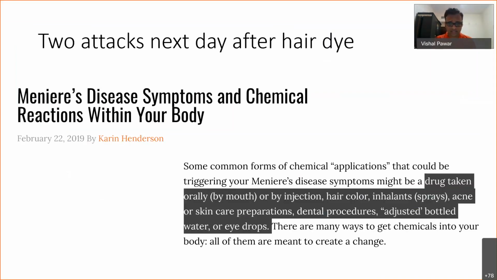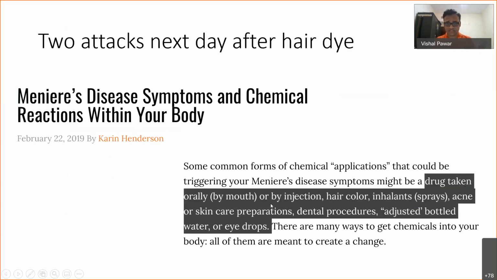So this cousin told me one interesting thing about his attacks. He told me that 2 of his attacks came the next day after hair dye. This is the first time I came to know. Then I went into the literature and found that there is a lot of relation with chemicals.